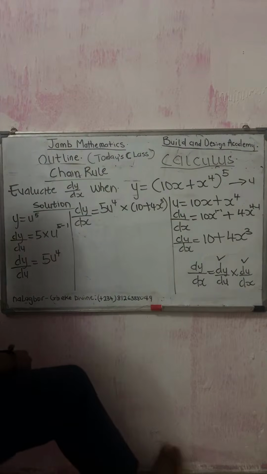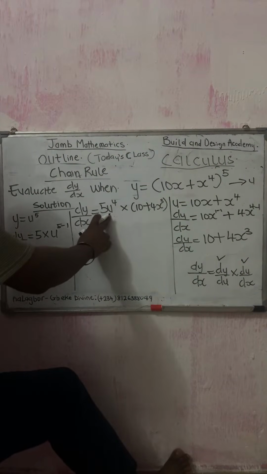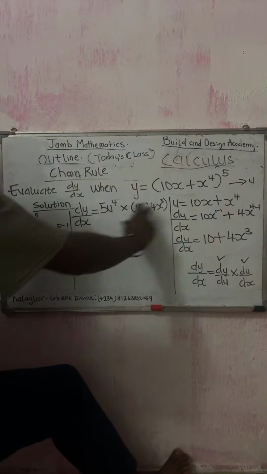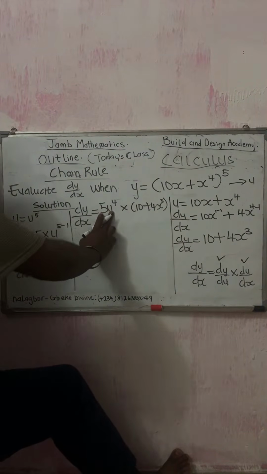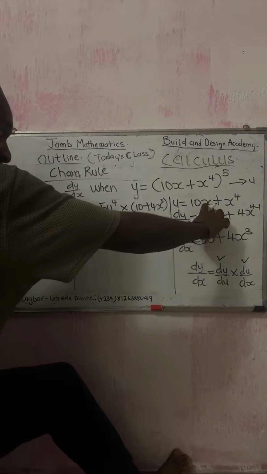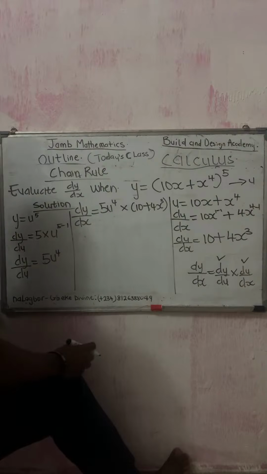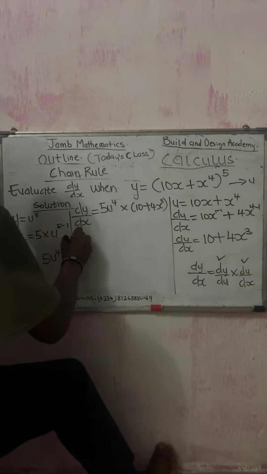So now we can multiply u and x. We have u in terms of x, so we'll simply substitute u as the original value, which is 10x plus x raised to the power 4. So we now have dy over dx.